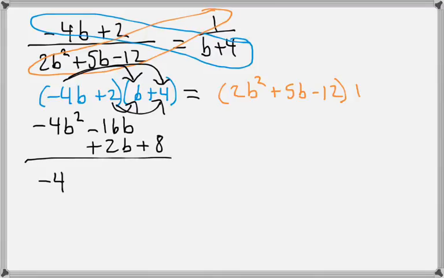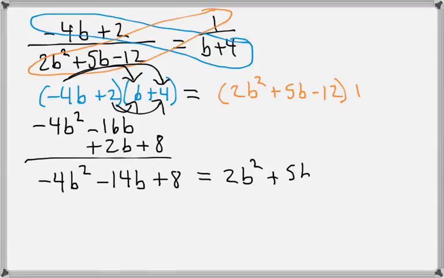This combines for our negative 4b squared minus 14b plus 8 is equal to, on this side we have what's in parentheses times 1. Anything times 1 is itself, so we just have that 2b squared plus 5b minus 12. Now we can go ahead and combine like terms. So add 4b squared to both sides.